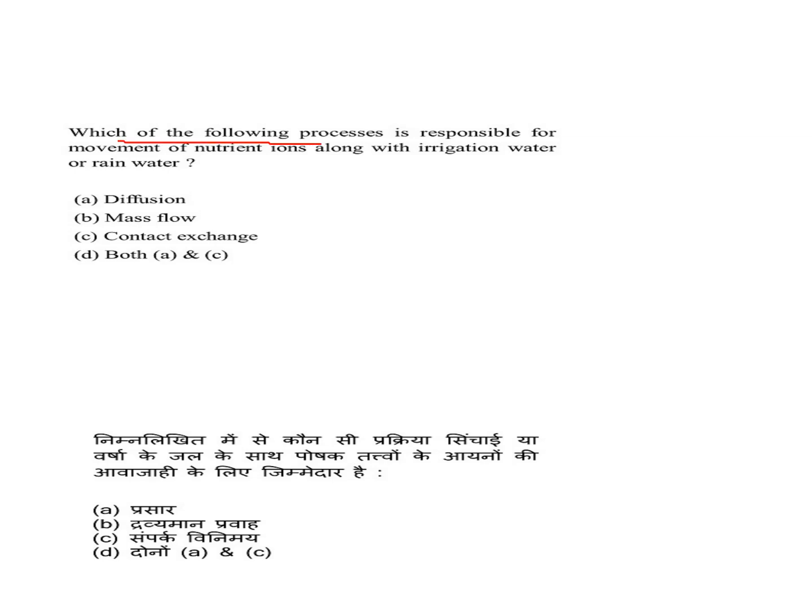Which of the following processes is responsible for movement of nutrient ions along with irrigation water or rainwater? The answer is mass flow. Mass flow is the movement of substances in bulk down a pressure gradient, whereas diffusion is the movement of individual ions down the concentration gradient, which happens independent of water movement.